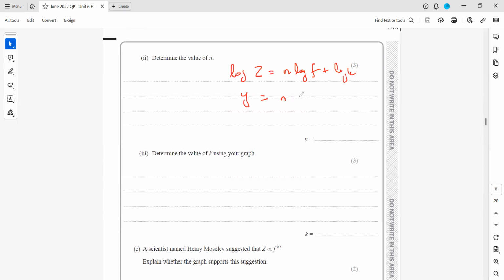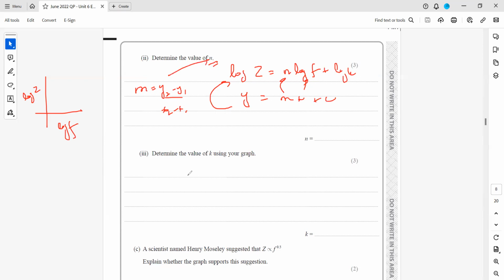When we compare with the equation of straight line y is equal to mx, on y-axis we had log z, on x-axis we had log f. What was the gradient? The gradient was m. So basically you have to work out the gradient, y2 minus y1 over x2 minus x1, from your graph, and that gradient will be equal to n. How to determine the value of k?